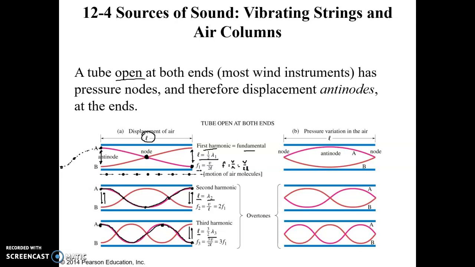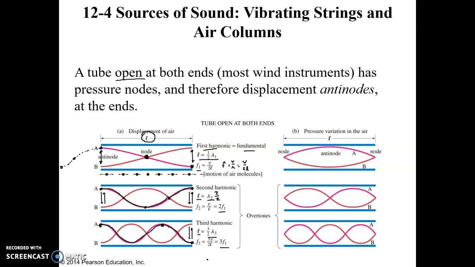So we have our fundamental frequency, 2 times that frequency, 3 times that frequency, and so on. We can see a pattern here. The next one would be 4 times the frequency. And the wavelength, we start off with half, then 1, or that could also be written as 2/2, then 3/2. The next one would be 4/2, or 2.